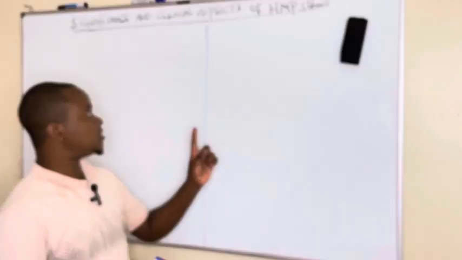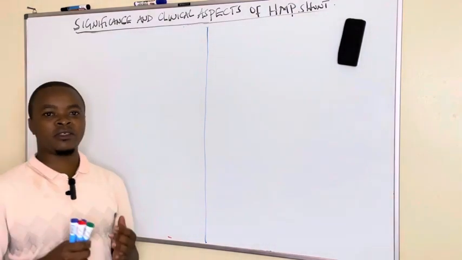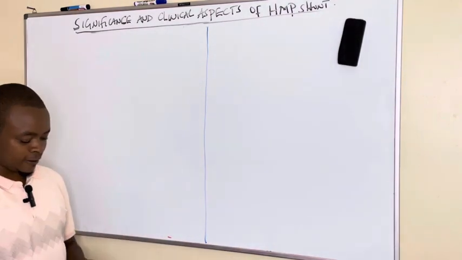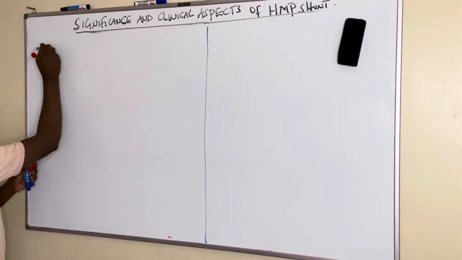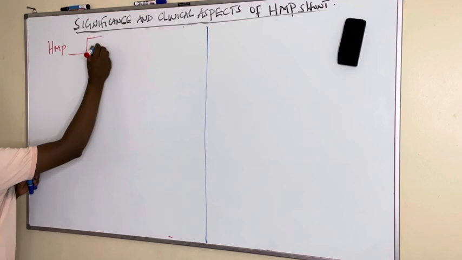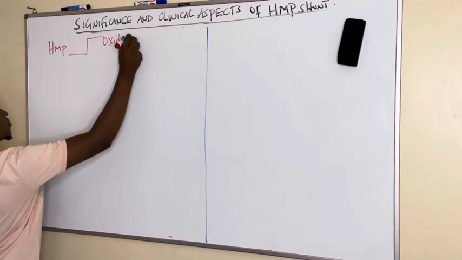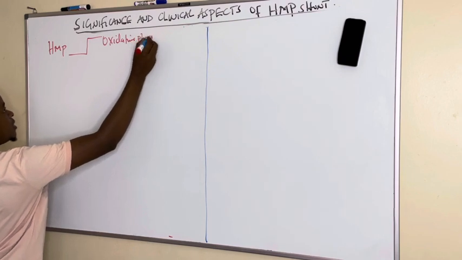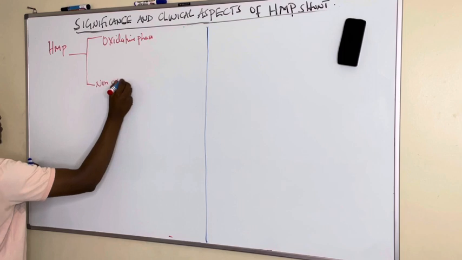So we want to look at how the HMP pathway, or what you call the pentose phosphate pathway, is significant in our medical setting. And we know that this HMP pathway, the way we saw previously, is divided into two processes: the oxidative phase and the non-oxidative phase.